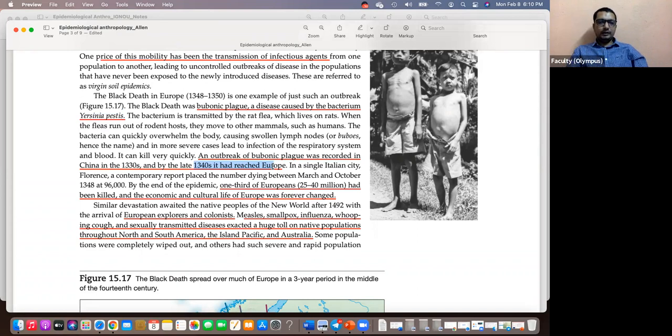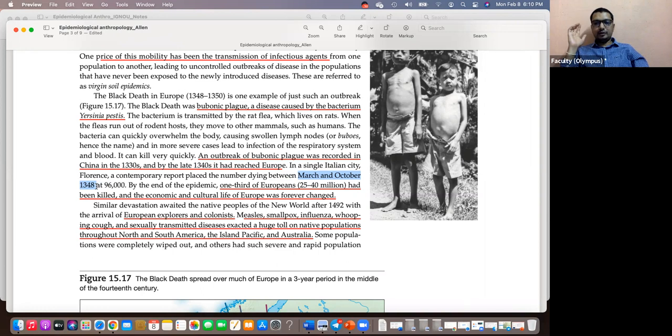They say that in one city in Italy, Florence, I don't know if you have heard about that, Pisa has the Leaning Tower, Florence is where this is. In Florence, as per the reports, from March to October 1348 there were 96,000 cases.